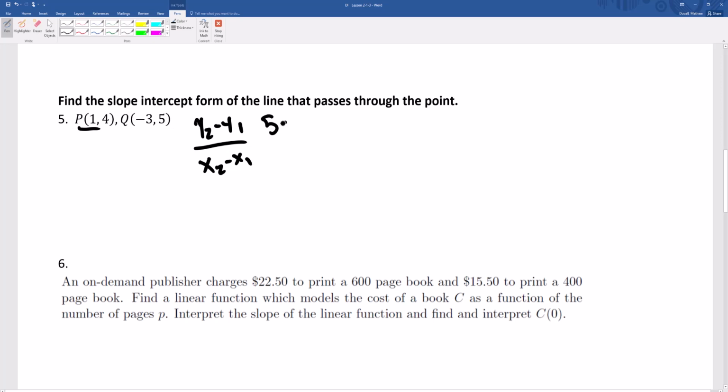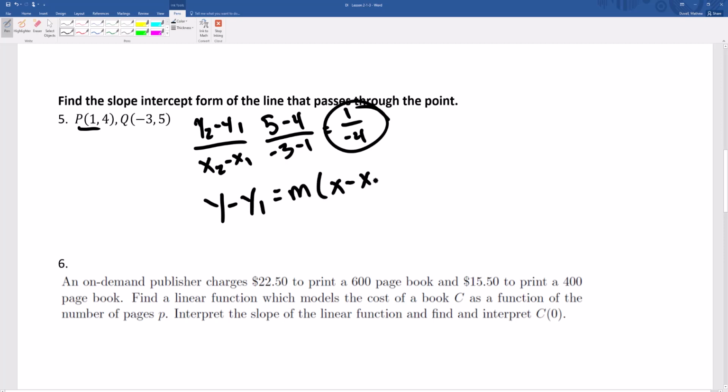So y2 minus y1 over x2 minus x1. So that's 1 over -4. So now I can use my equation. y minus y1 equals m times x minus x1.